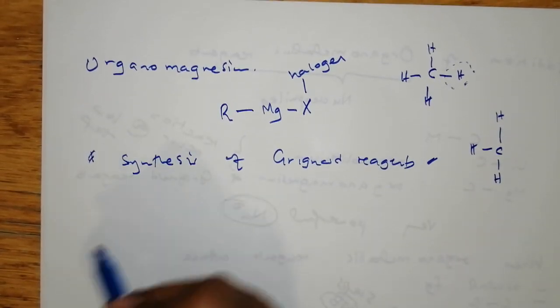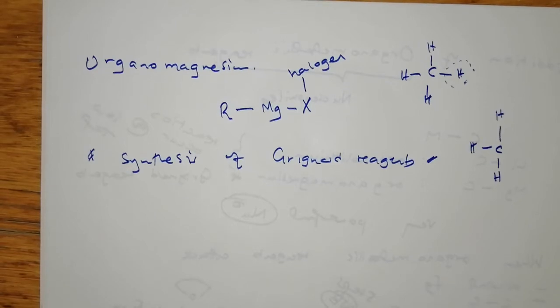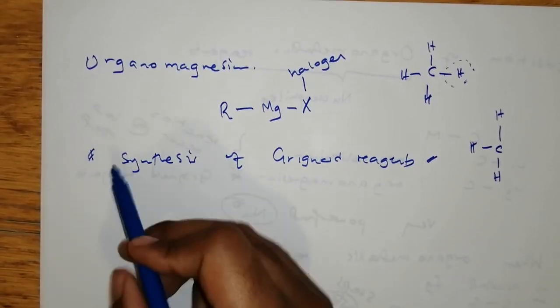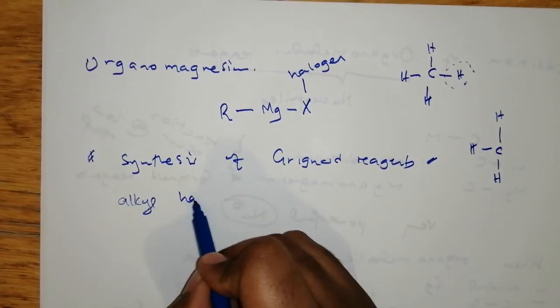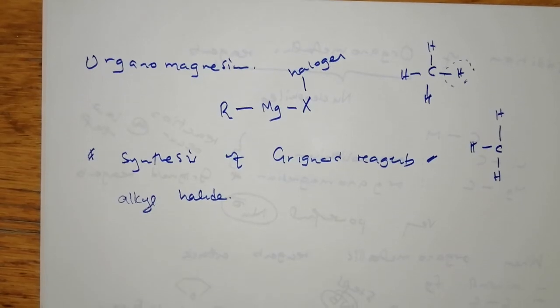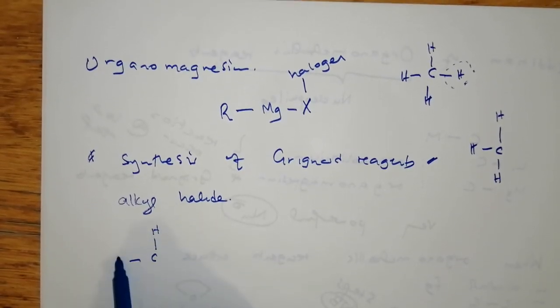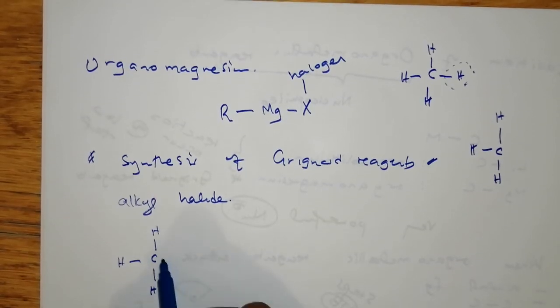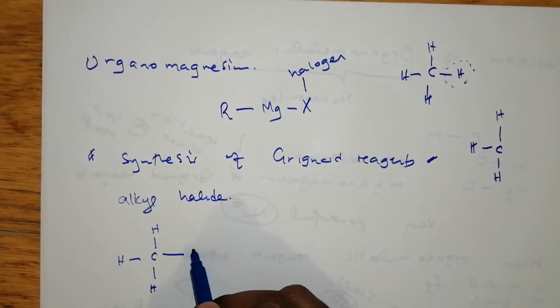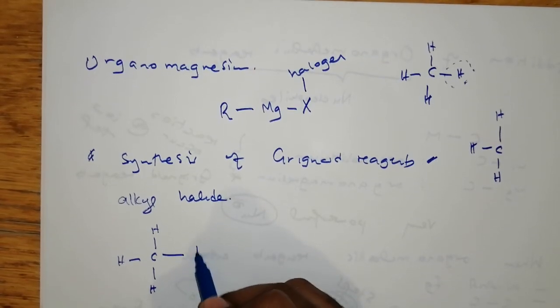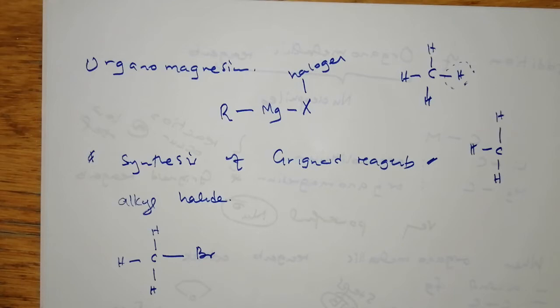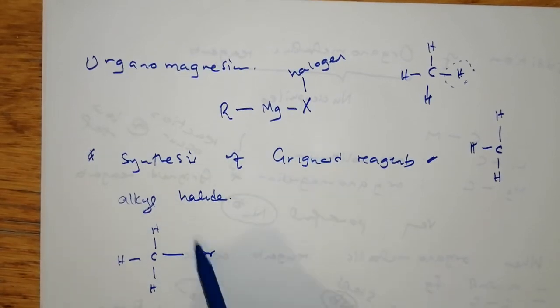Okay, guys. So in order for you to form a Grignard reagent, you need an alkyl halide, right? For example, as I've already drawn, this is an alkyl halide. Let's say you've got bromine right here. And what is this called?